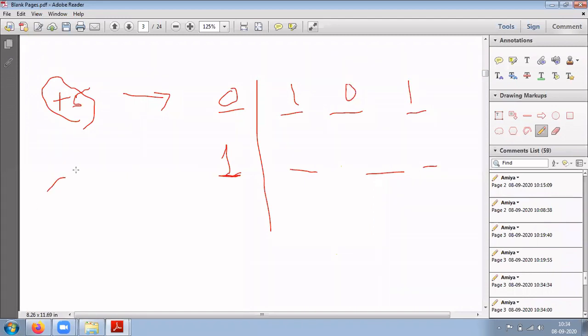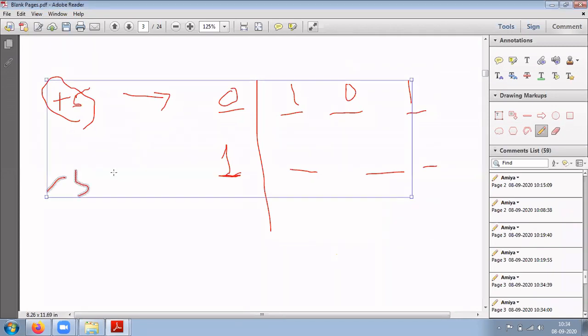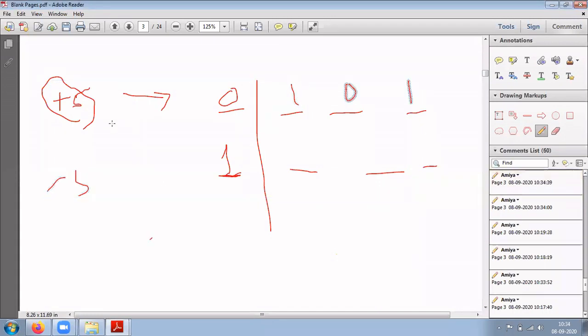But to represent -5, what do I have to write?